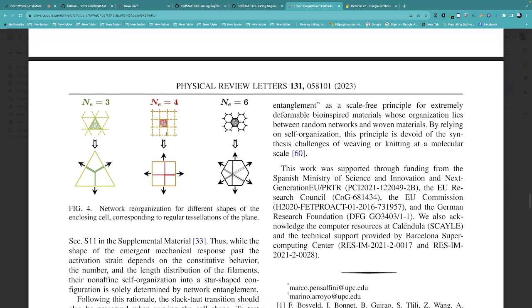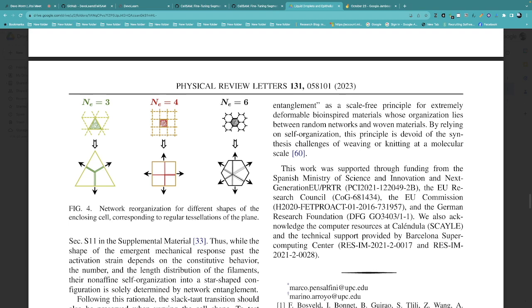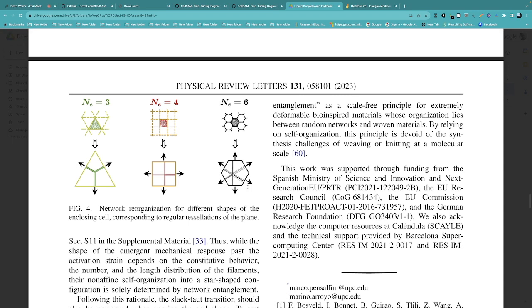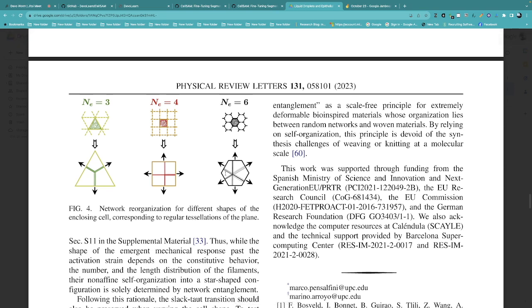But you see that when the network changes to a square with 4 nodes, 4 corners, you end up with a different type of network organization. It's still sparse and in bundles, but they attach in different ways. And then you have this hexagon, which is 6 points or 6 corners, and you get a different type of network topology, which is kind of a mix of the two, where you get this cross, and then you get this straight line across, and they're not central to the sides.